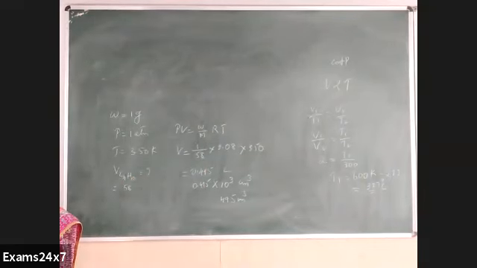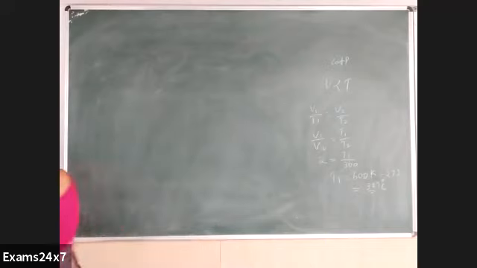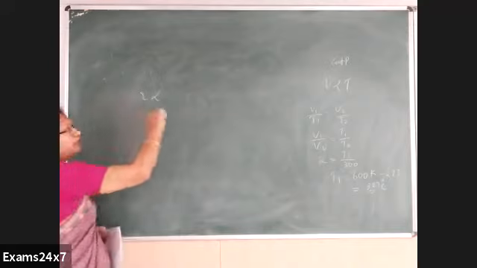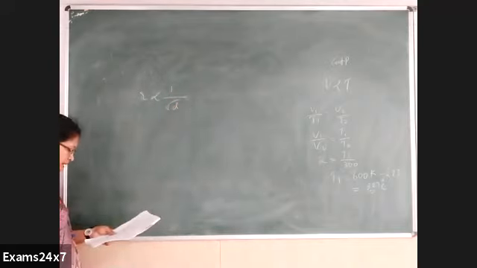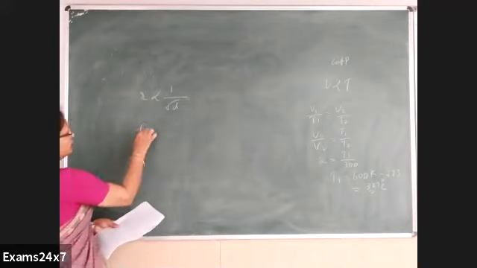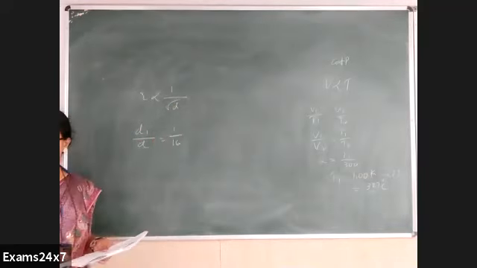Next, the densities of two gases are in the ratio 1:16. The ratio of their rates of diffusion. How do you find this? Rate of diffusion is proportional to 1 by square root of density. Density of two gases are in the ratio 1:16, that is D1 by D2 is 1 by 16.